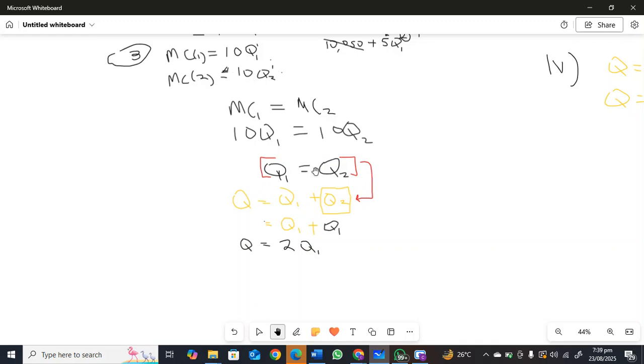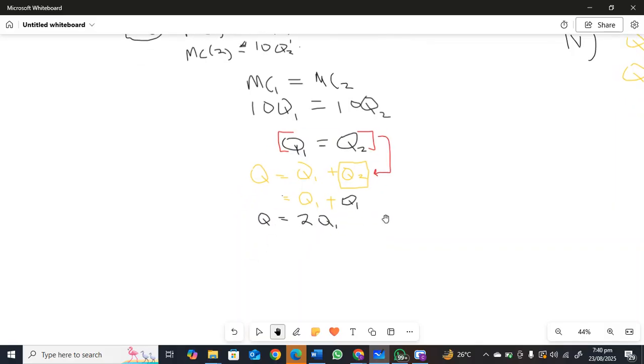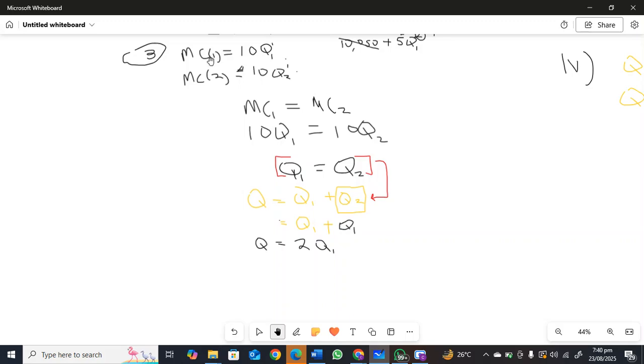When we got our identity here, we substituted it into the equation that was given to us in the question, Q equals Q1 plus Q2. So now that we know Q equals 2Q1, we can use this marginal cost function and equate it to the marginal revenue.